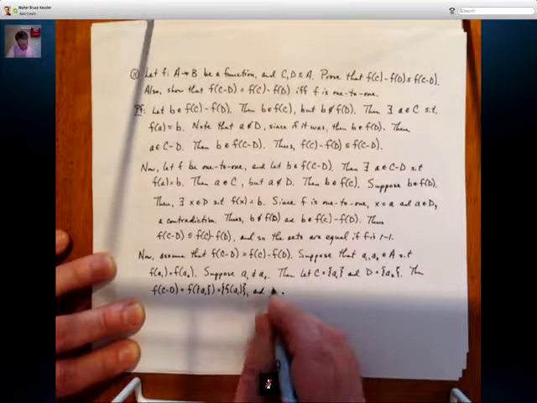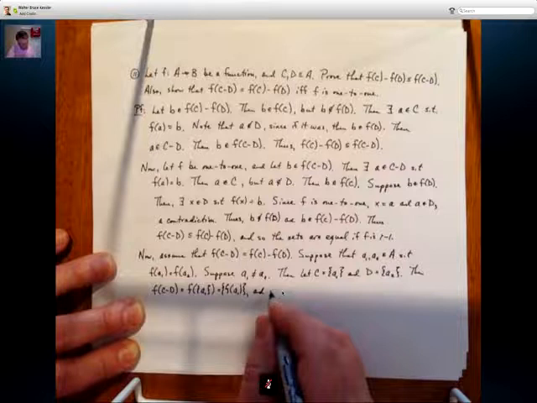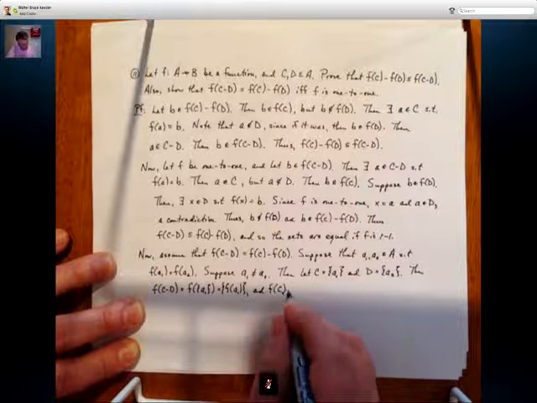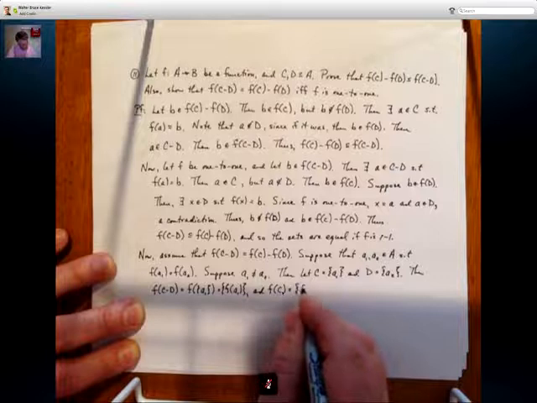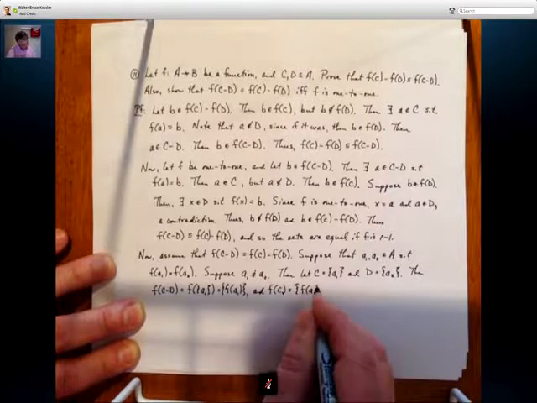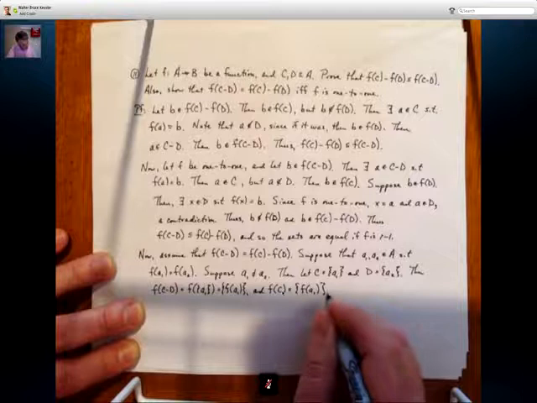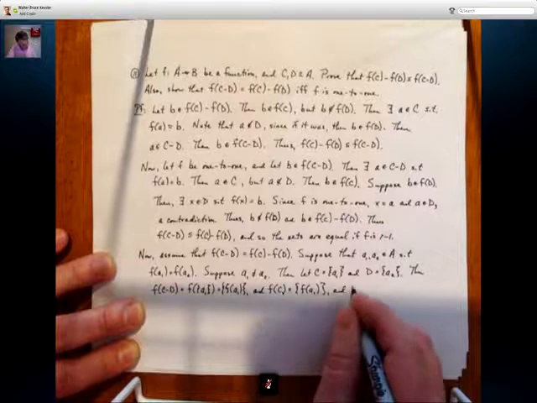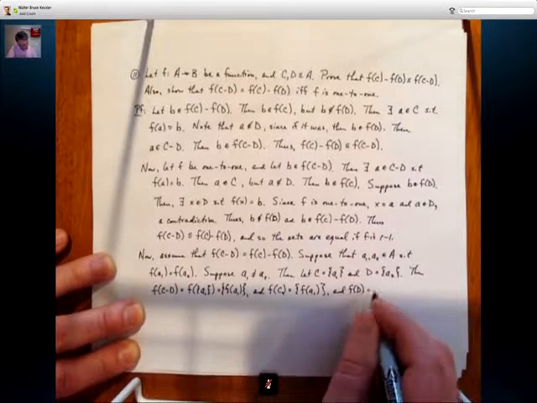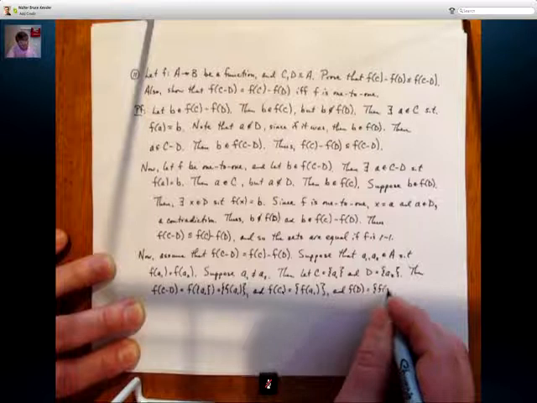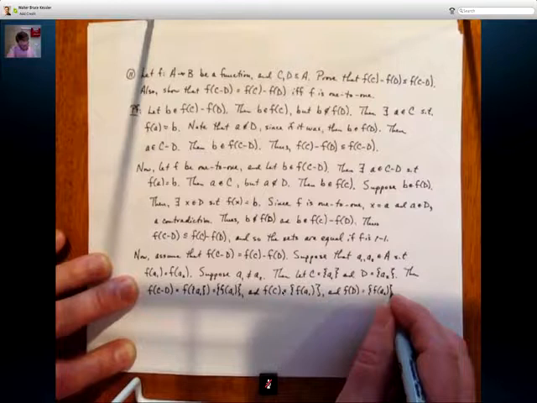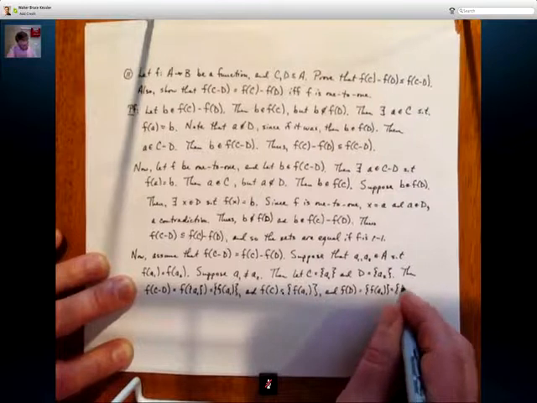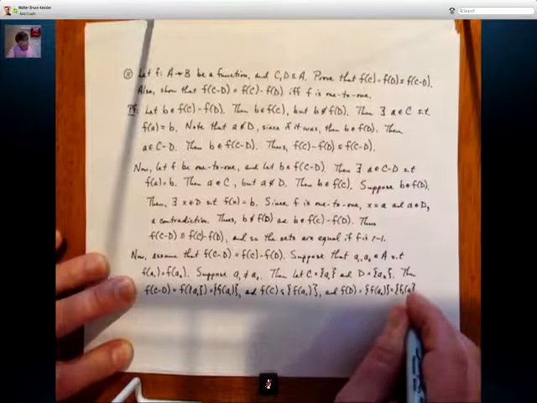Okay? And then f of C is f of A1, and f of D is f of A2, which is equal to A1.